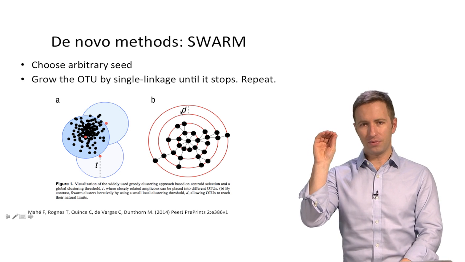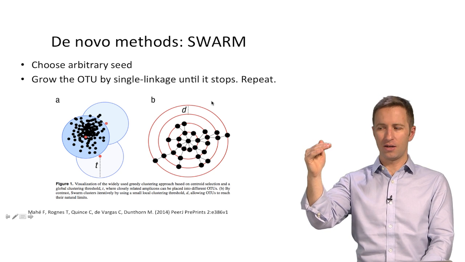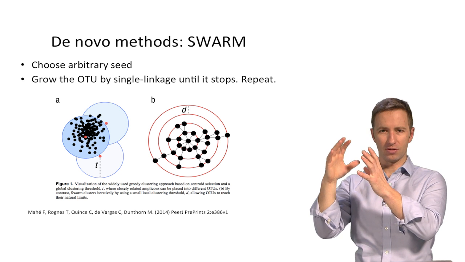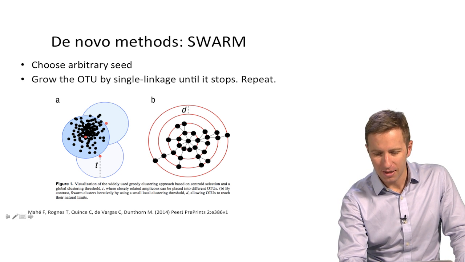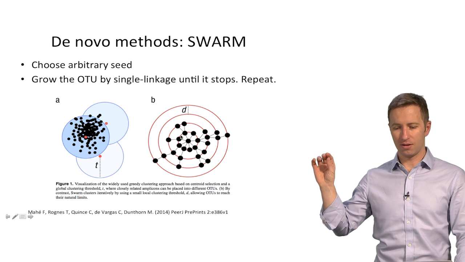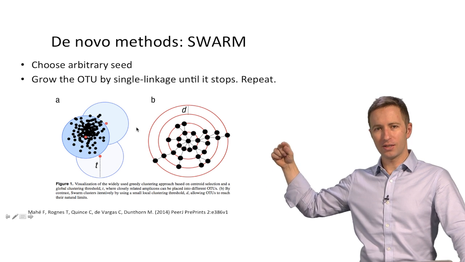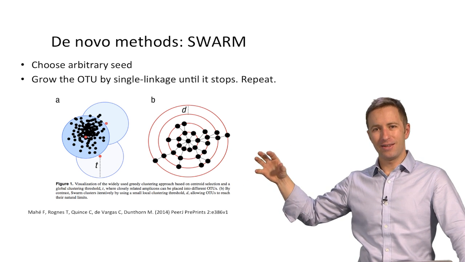So now that cluster has gone from one seed to that seed plus a bunch of subseeds that are very close to it. In figure B here, you can see the sequence at the center would be the seed. Then there's one step where you add a bunch of subseeds around it. Then they repeat.